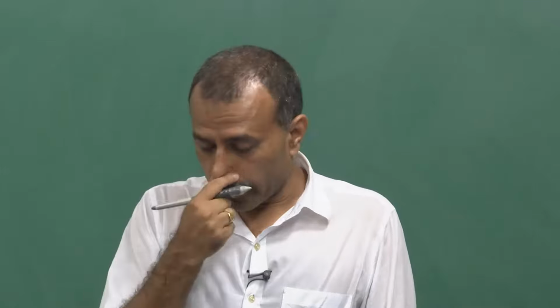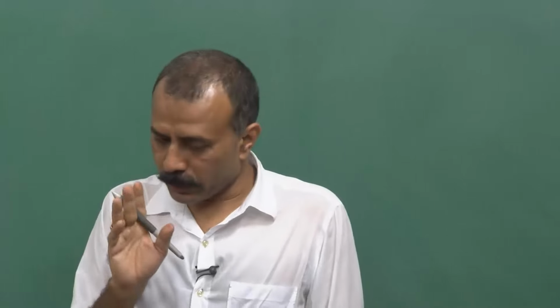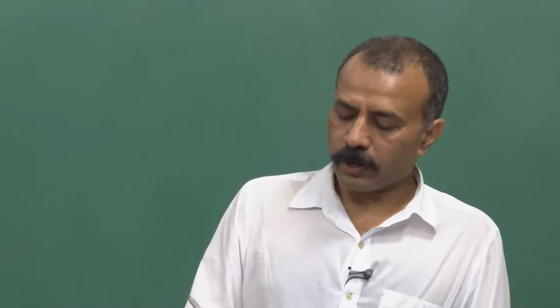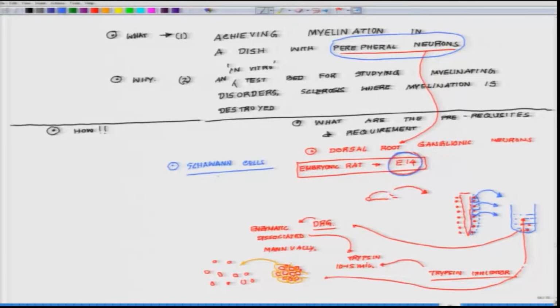So, your option is that you get Schwann cells from adult, but it does not work. But what you can do for Schwann cells, you can take a P1 or P4 rat. What is P1 and P4? I told you that the pregnancy goes up to, say, E23, 23 days.